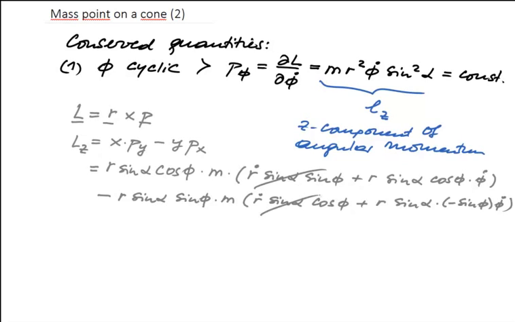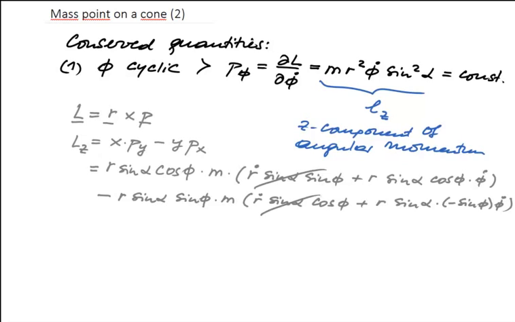Now these two terms cancel, because when you multiply the bracket, on the first line you get an expression with cosine phi sine phi and all the rest, and on the lower line you also get cosine phi sine phi and all the rest, but with the minus sign in front. So these two terms cancel.